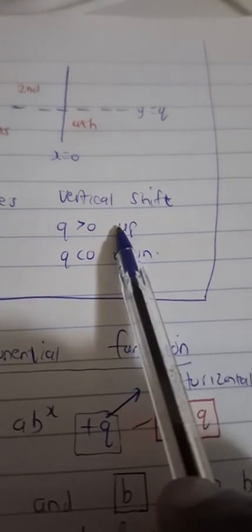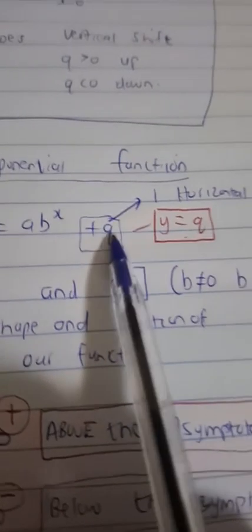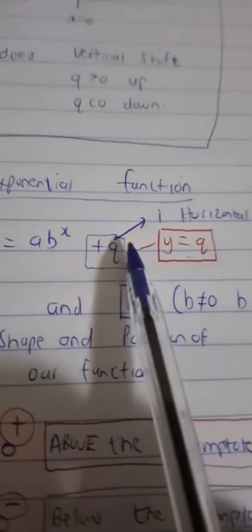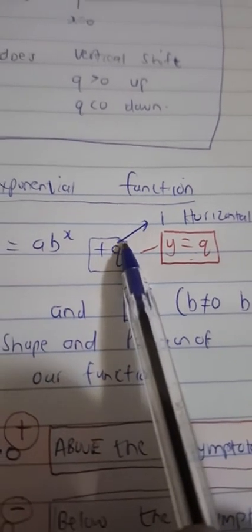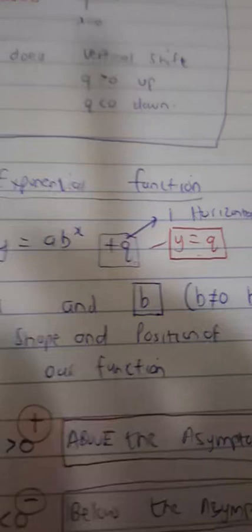When q is greater than 0, it speaks to the function moving up. When q is less than 0, it speaks to the function moving down. So the more we subtract from this value, the further down we move the function. The more we add to this value of q, the more we move the function up. Okay, so hopefully we all understand.